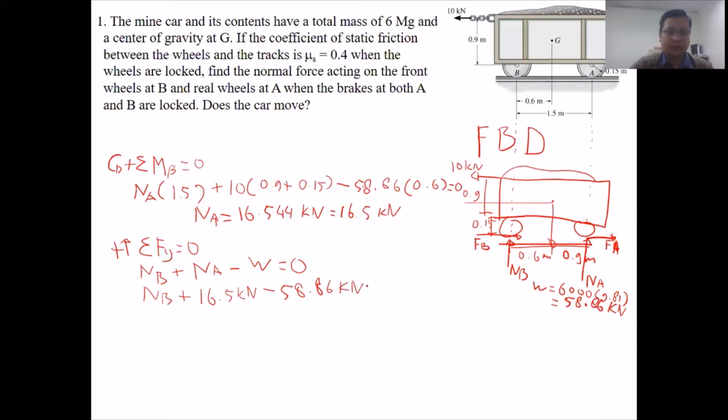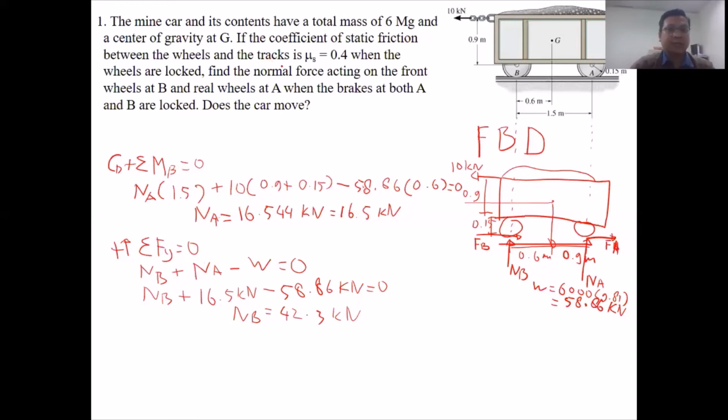Now we can solve for NB. Because NA is already known, we can sum and get 42.3 kilonewton. So back to the question.